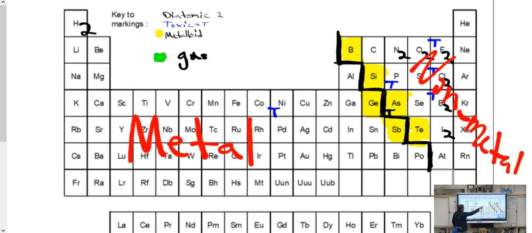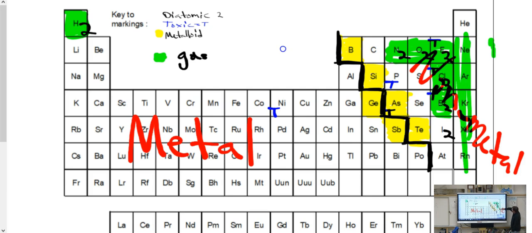It's almost all of them that we put a 2 by, but you've got your hydrogen, and then it's nitrogen, oxygen, fluorine, chlorine, bromine. This is getting ugly over here. But whatever, we'll live. And then it's all of these noble gases.